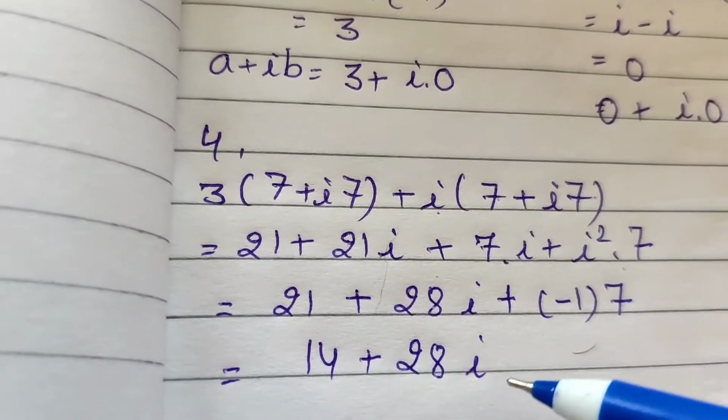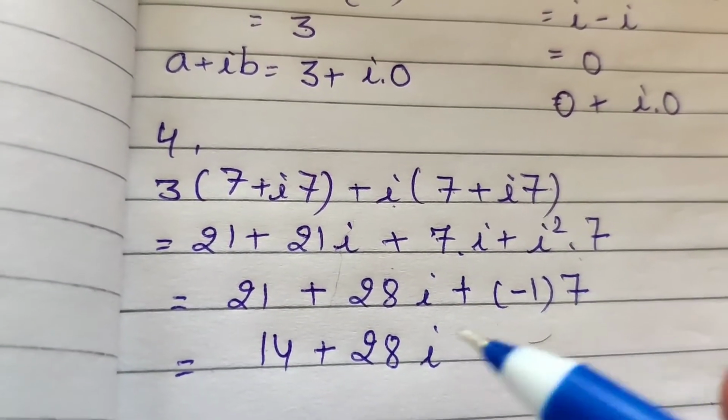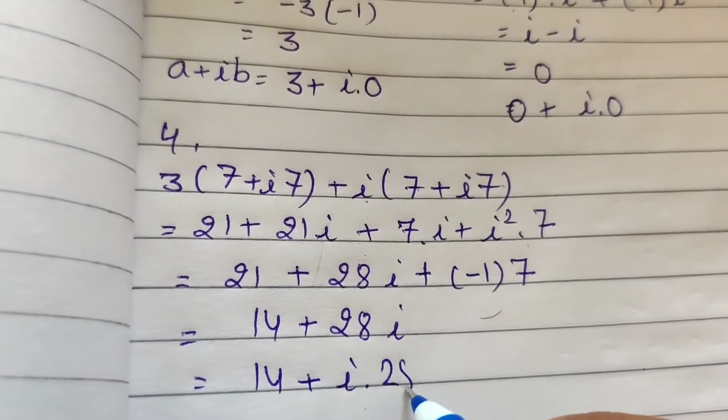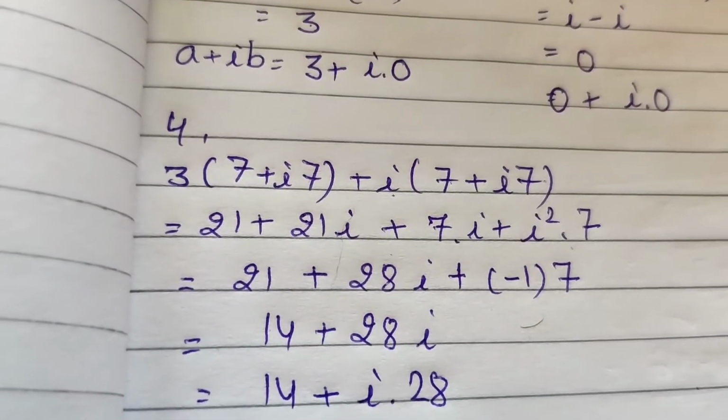This is in the form of a plus ib. You can write like a plus i आगे लगा के 28.